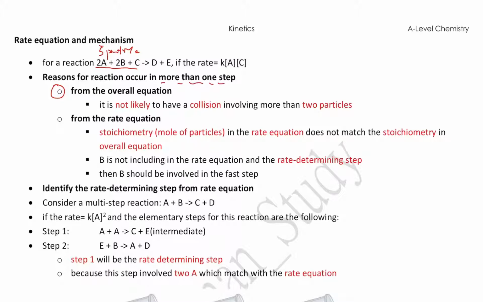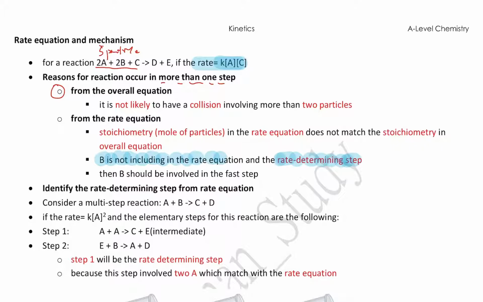There's one more reason. After you know the rate equation, assume this time the rate equation only depends on A and C. Then only A and C are affected, and they're first order only. So you're missing one A, one C and also B. If B is not in the rate equation, it cannot appear in the rate determining step.